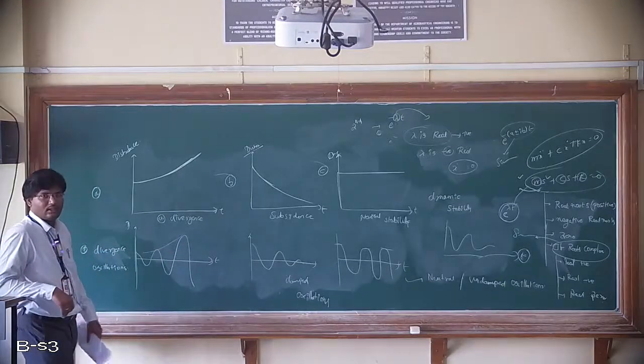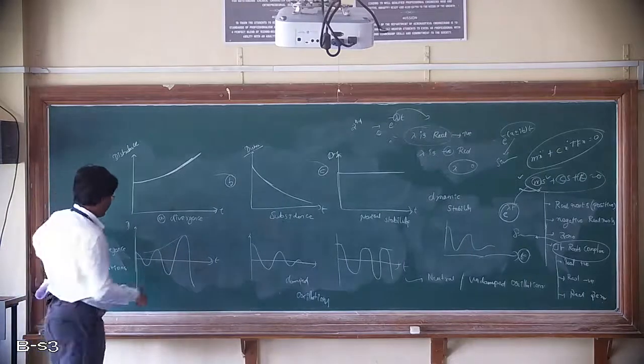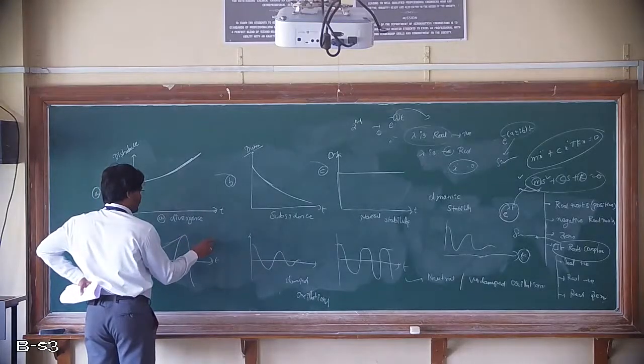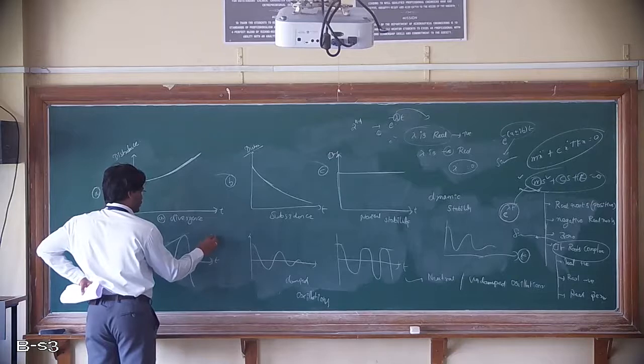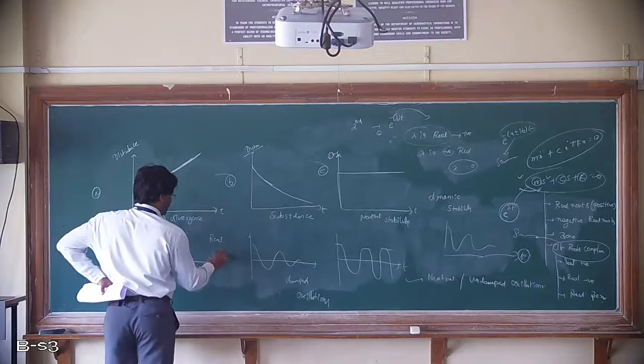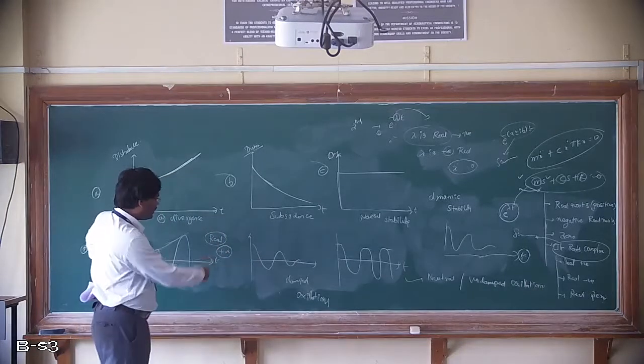This is the case where we are getting divergence. Here the real term in that complex number is positive. What about here?